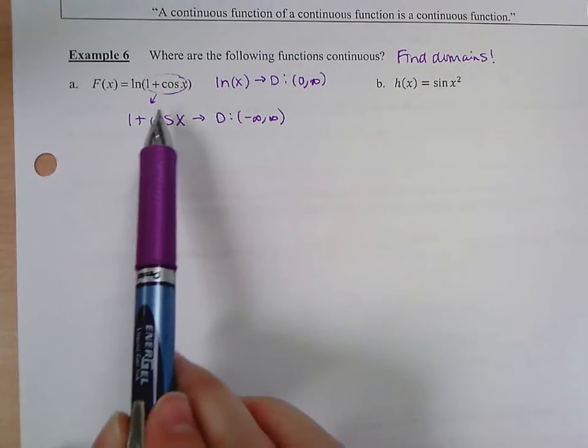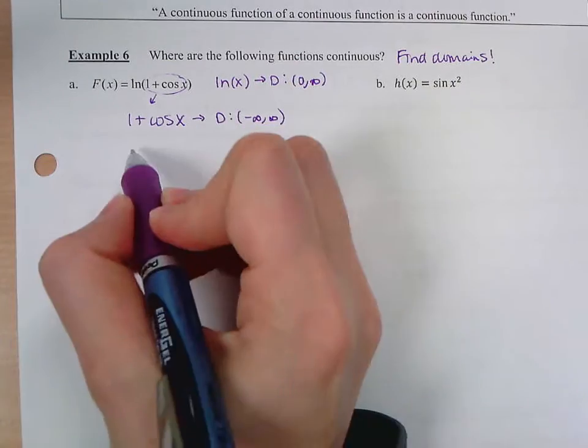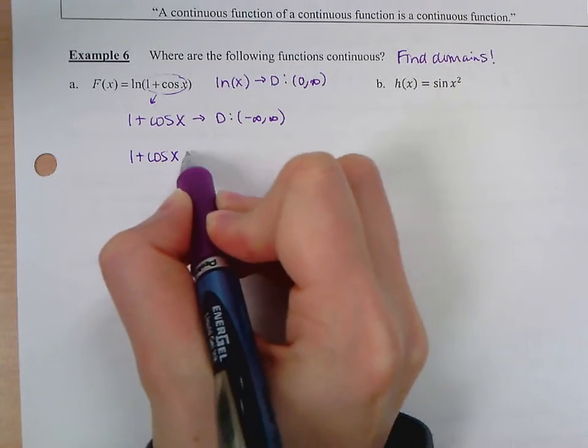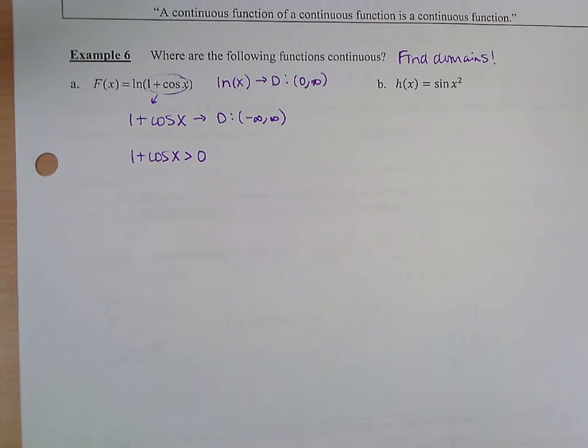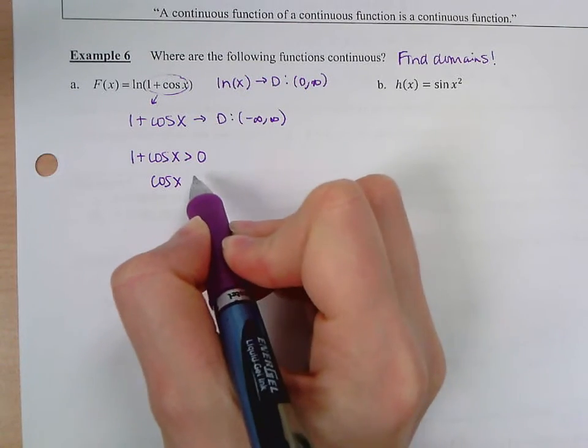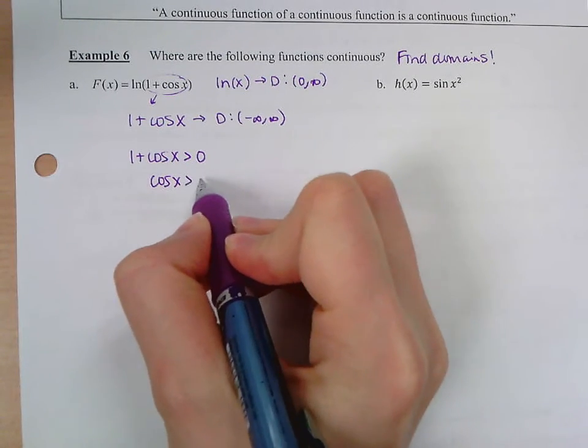So to find the domain of this entire thing, I would have to set 1 plus cosine of x greater than 0 and figure out what x values meet that requirement. There's no restriction on 1 plus cosine of x, but there is a restriction for the natural log that 1 plus cosine of x must be positive. So if I subtract 1, cosine of x must be greater than negative 1.